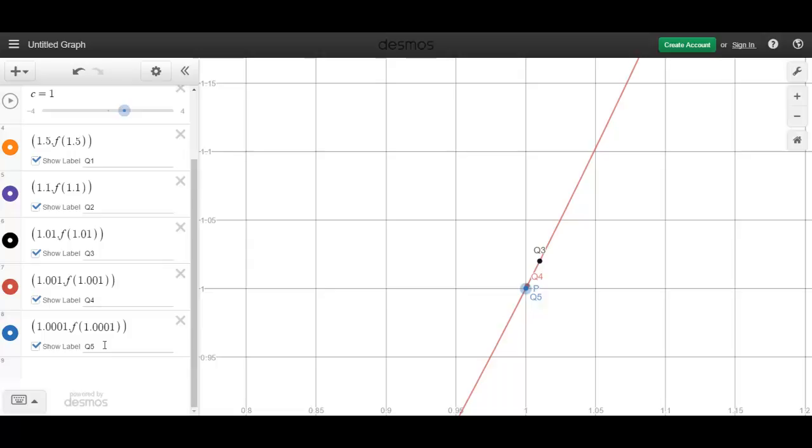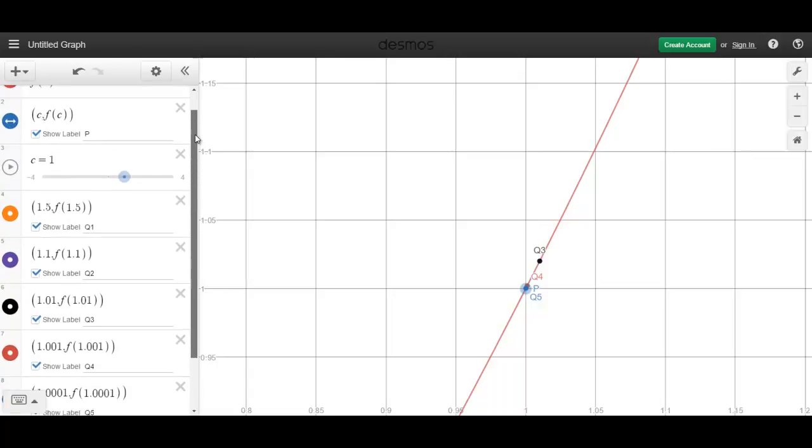And the idea is that this one, PQ1, is not going to be a very good approximation of the tangent line of f of x at 1. The secant line PQ2 will be decent. And as you keep going, PQ3, PQ4, then PQ5, PQ5 is going to be a pretty good approximation of the tangent line.